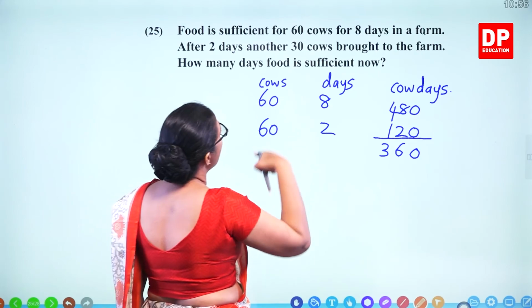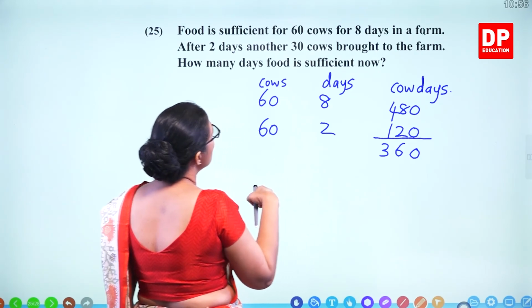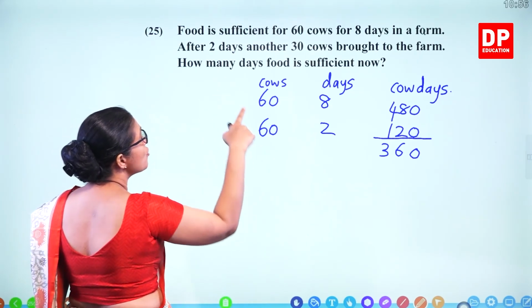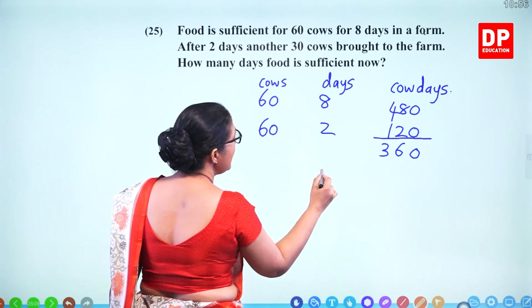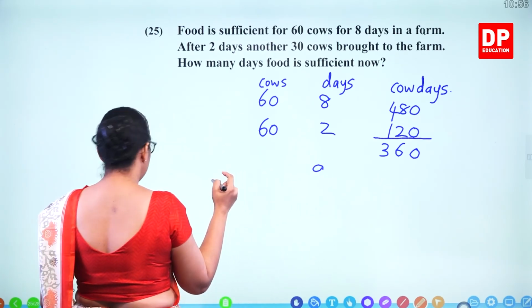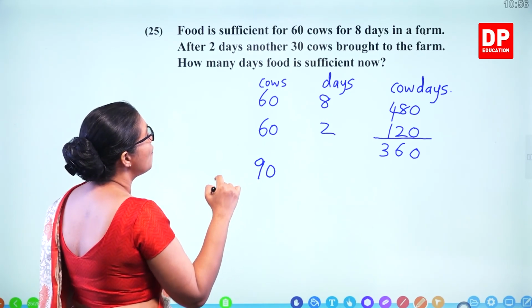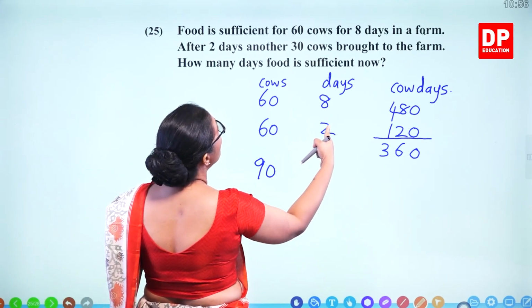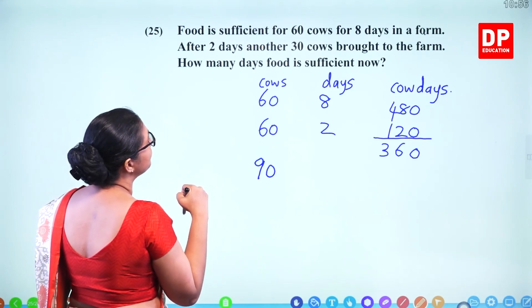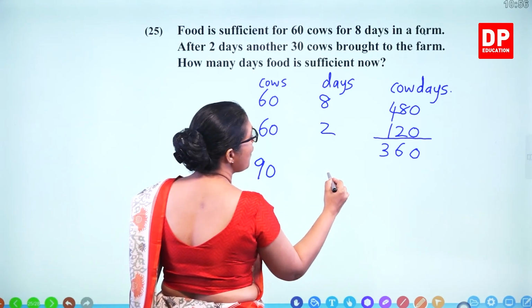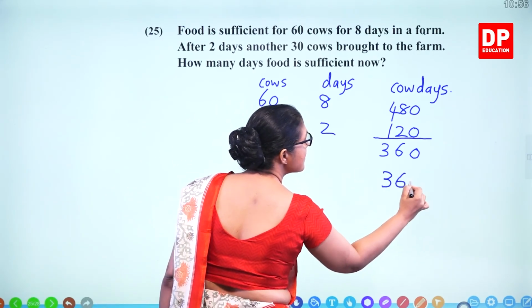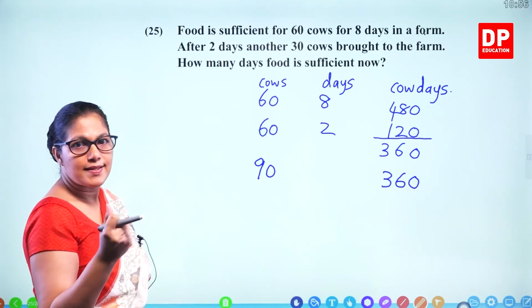Now, the next one, 30 cows are again brought to them. So, altogether 60 plus 30, 90 cows. 90 cows are there for we don't know how many days. So, we need to find out, but 360 cow days are there.